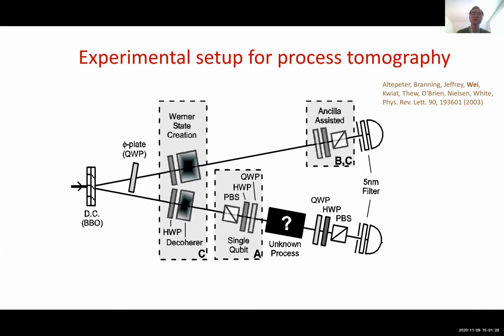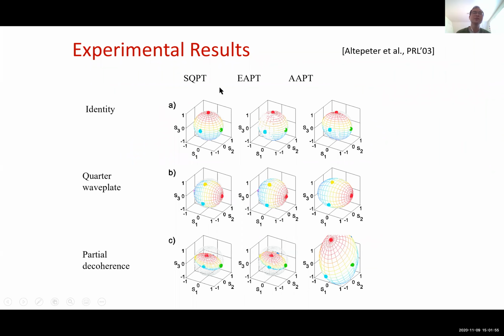Yes, this has been tested experimentally in a few experiments. So the setup, the process is here. Fortunately, the process was on the lower arm compared to what I drew earlier. But you can imagine the measurement here is preparing the state here. So there are some measurement outcomes. For example, if this is identity, this is the standard one.